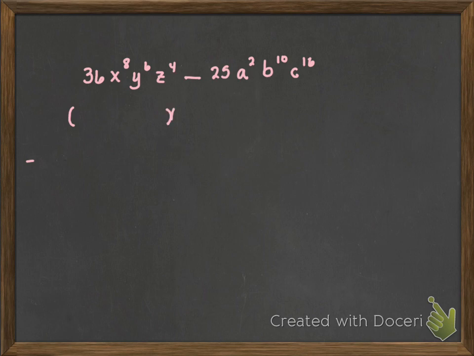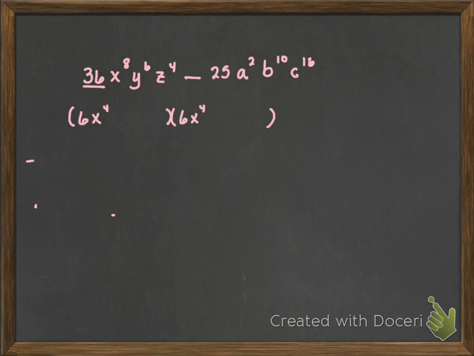I'm going to set up my 2 sets of parentheses and start writing what goes in each one. 36 is a perfect square, so I'll put a 6 in each position. X to the 8th is a perfect square. 8 divided by 2 is 4, so x to the 4th will go right next to the 6.